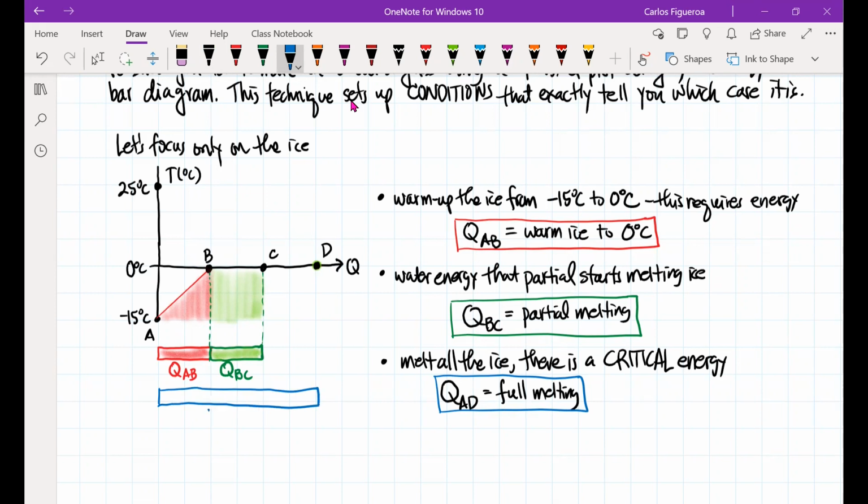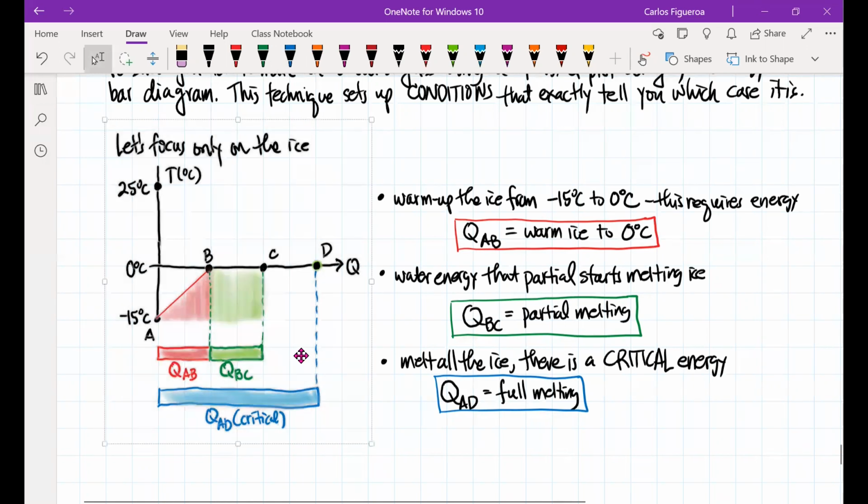And this is the so-called QAD, which I call the critical heating required to melt all of it. And so if I follow this, you can see that it comes all the way down to here. So now I'm going to keep this picture here. So I'm going to copy this guy, because I'm going to need this. So here I go.